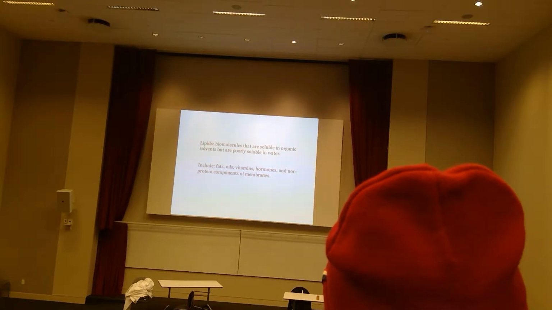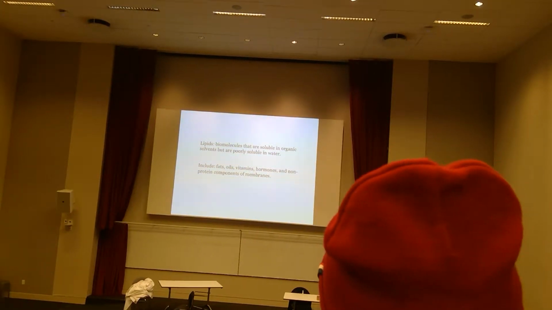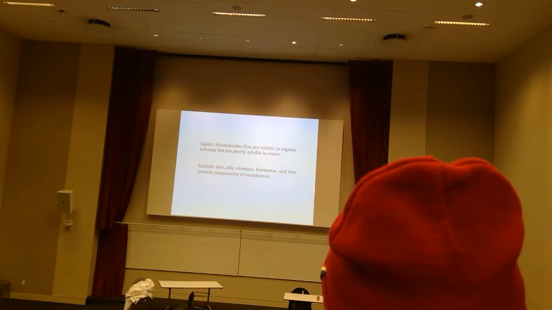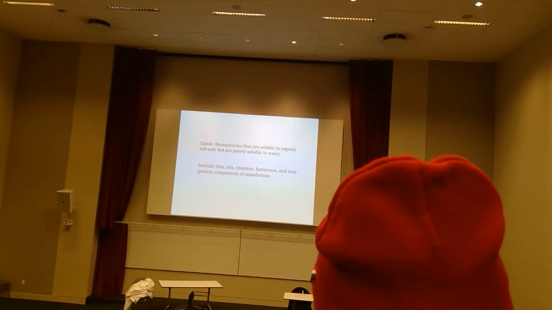The definition of a lipid is a biomolecule that's soluble in organic solvents, but it's poorly soluble in water. So these are essentially largely hydrophobic species. And it's a kind of a catch-all term that can be applied to so many different kinds of molecules. We'll be talking a lot today about fats, oils. Olive oil is a lipid.